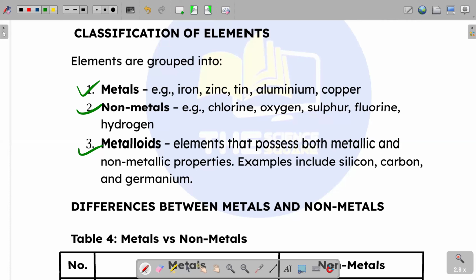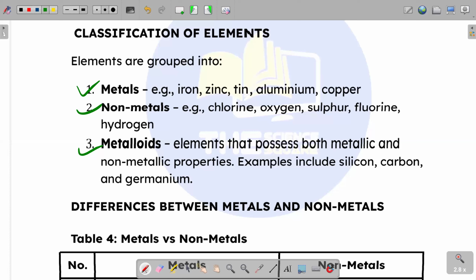Metals, generally, one of their interesting chemical properties is that they tend to lose electrons, while non-metals tend to gain electrons. But there are some other classifications of elements that can behave both as metal and non-metal. They possess both metallic and non-metallic properties.